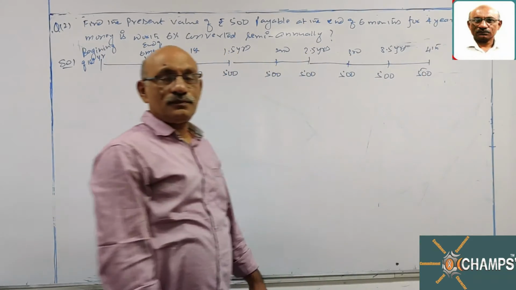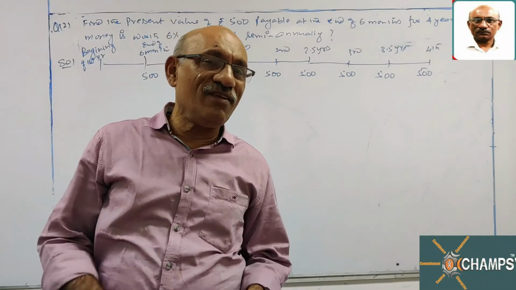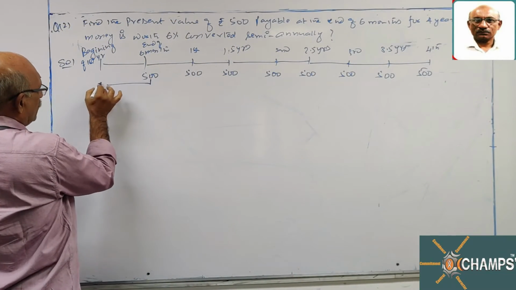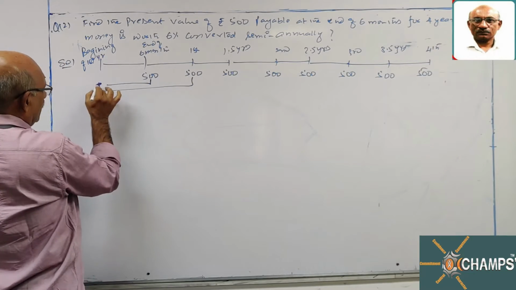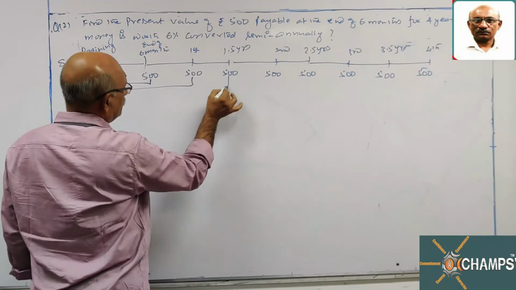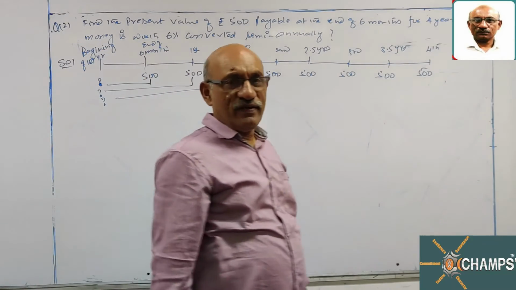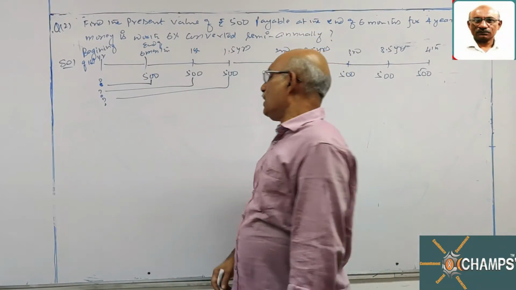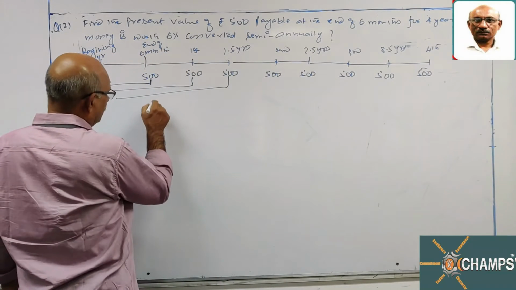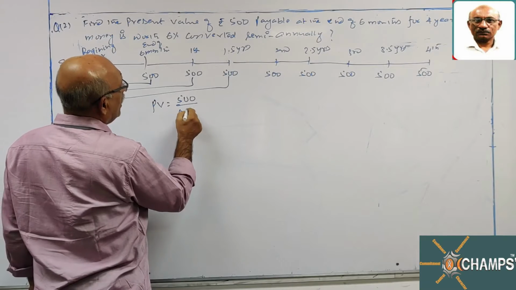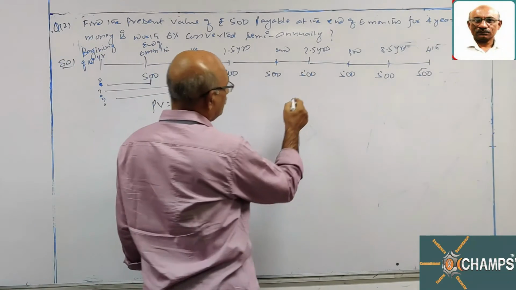This way. Now I want a single value of this. So each value you have to compare with the beginning of the first year. So that is called the present value. 500 divided by 0.03.